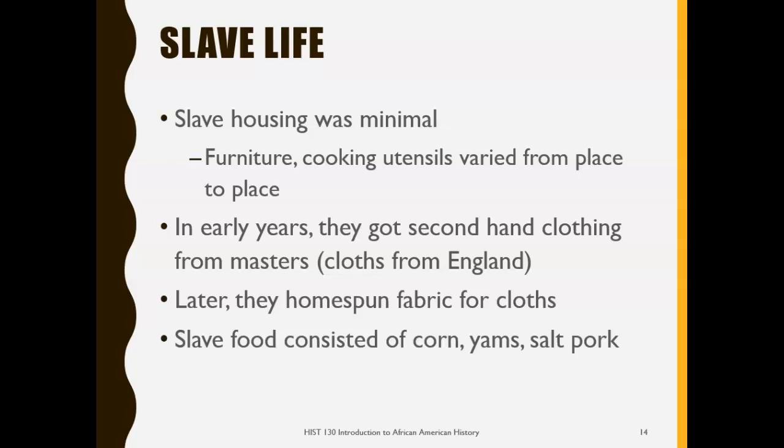In the early years, they may get second-hand clothing from their masters. These are clothes from England, basically. But later, especially when they started to grow cotton, the slaves had to spin their own fabric to make their own clothes. So that's about the clothing. With regard to the food, the slave food consisted of corn and yam and sometimes salt pork.